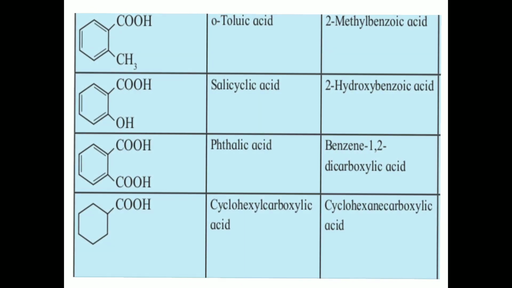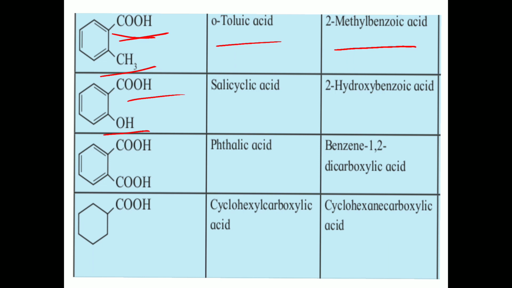There are some other examples also. When it contains COOH and CH3, the common name is toluic acid. The IUPAC name is methyl benzoic acid, that means at the benzene ring the COOH, that is the acidic group, is attached, so the name is benzoic acid, but at the second position a methyl group is attached, so 2-methyl benzoic acid.